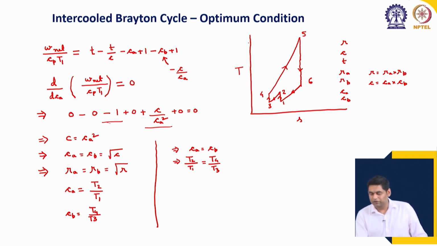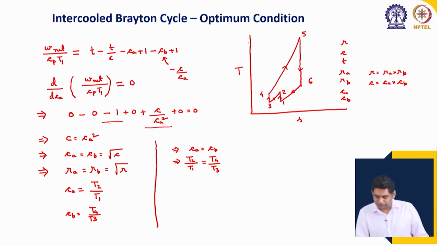If I want to go to a temperature in the intercooler below the ambient temperature, we will need a coolant which comes at lower temperature compared to the ambient. Which means that that itself has to be refrigerated. So, the entire purpose of increasing the work output is lost in that case. So, the limiting value for a practical situation is the ambient temperature itself.